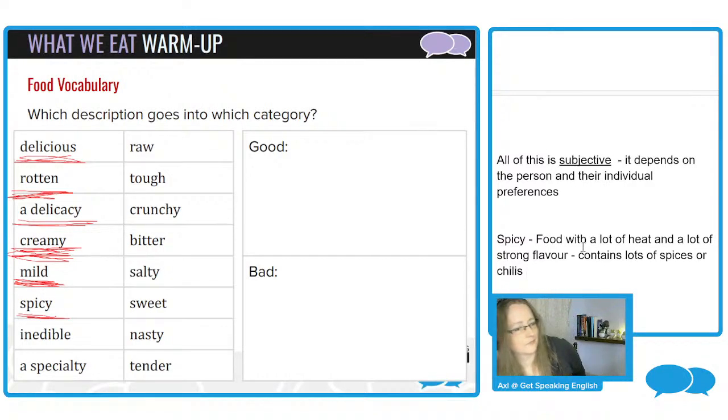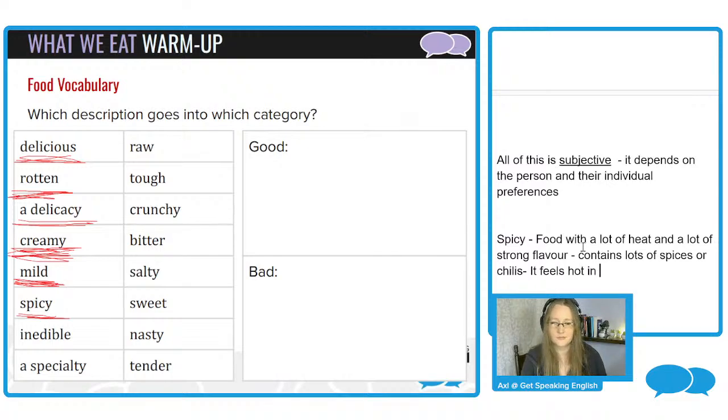And it feels hot in the mouth, right? Yeah, exactly. So it feels hot there. That's the adjective, right? Or it contains a lot of heat, there's a noun. Yeah, right.